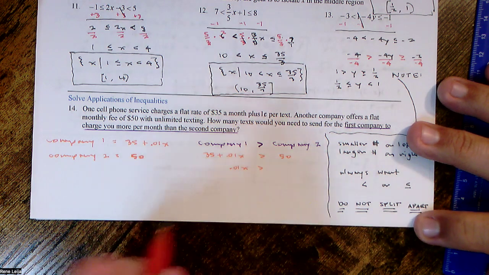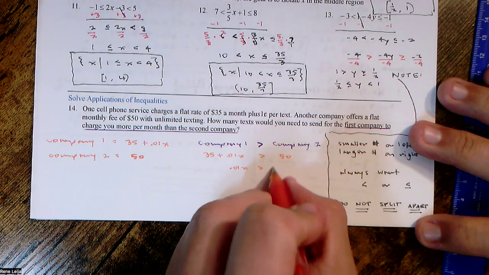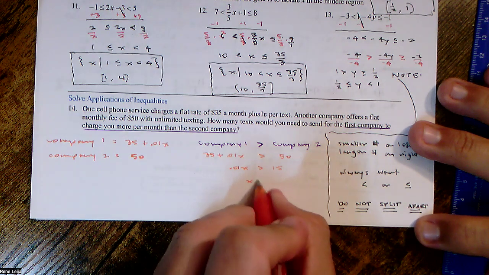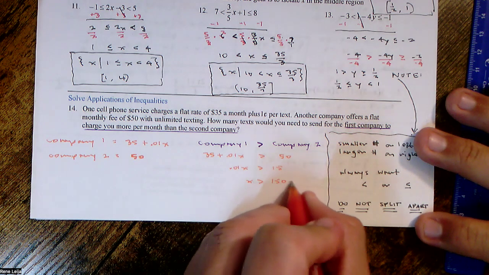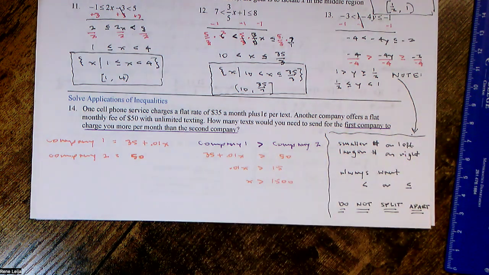So I'm going to subtract 35 from both sides. That gives us 15. We're going to divide by 0.1. So we get that x is greater than 1500. Now, what did we just find?